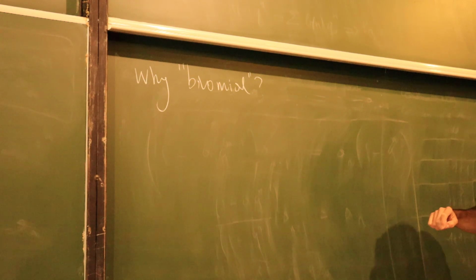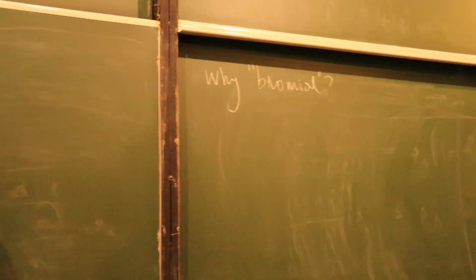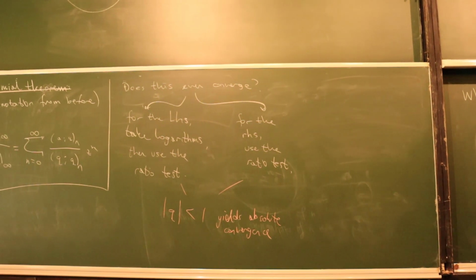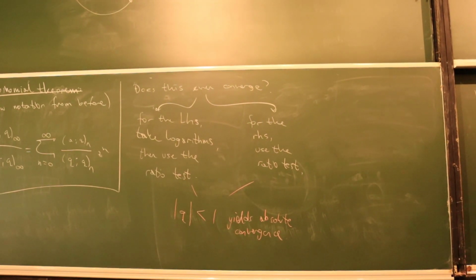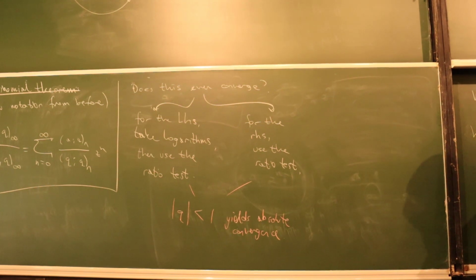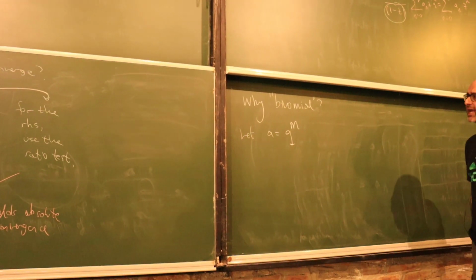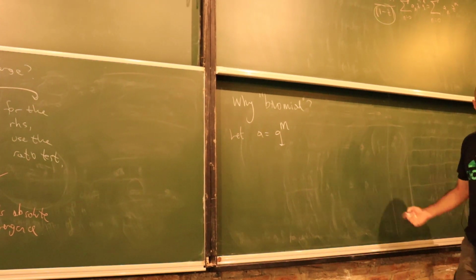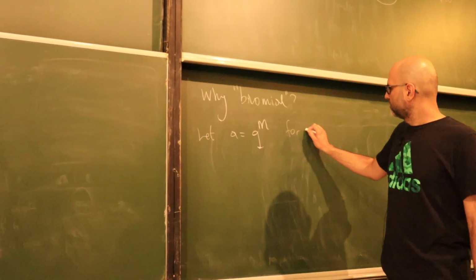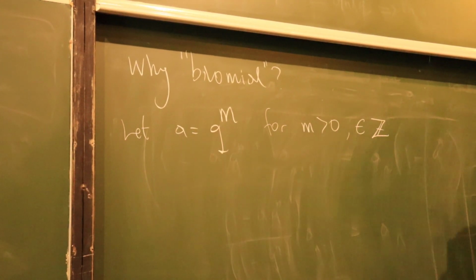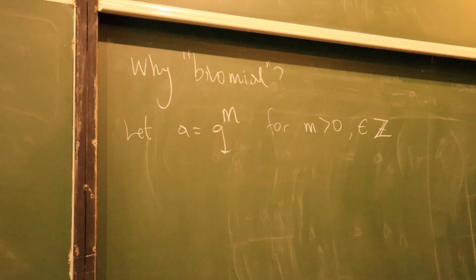To answer this question, we'll make a substitution in this theorem, and we will let A be a positive power of Q. Let A be Q to M for some positive integer M. And then let's see what happens, because there will be lots of cancellations for the infinite products.